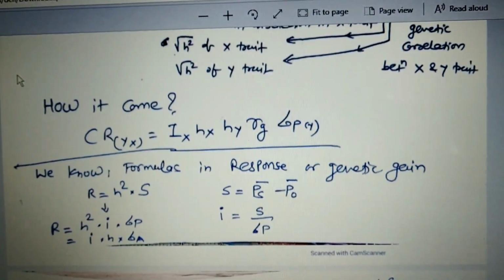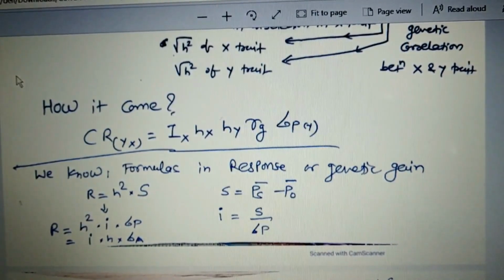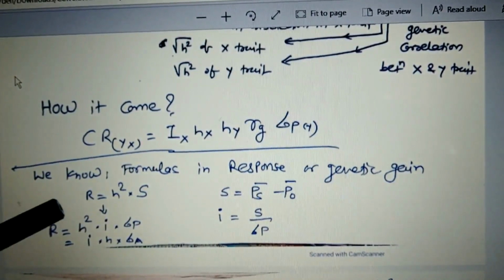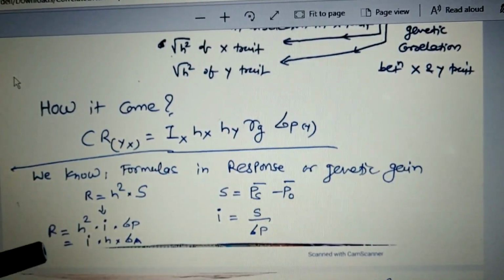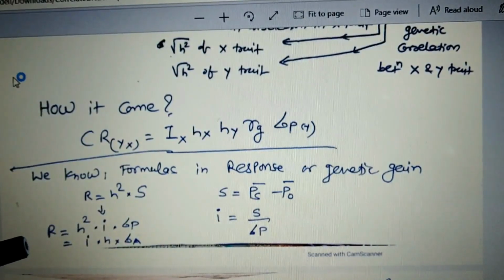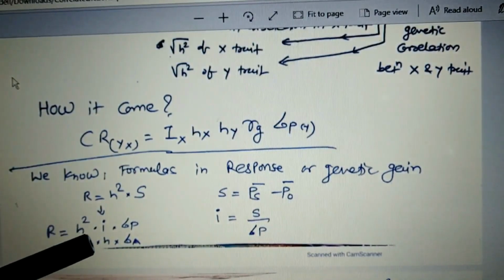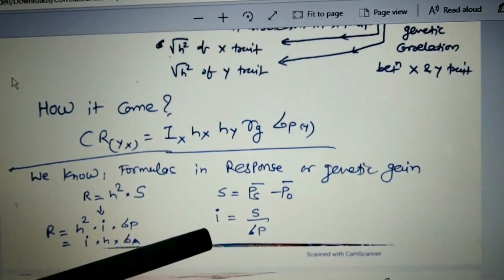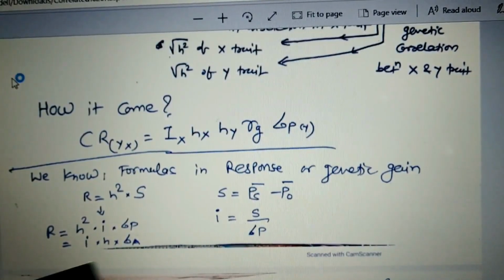Before starting the derivation, we must understand, or we already learned in the third practical, certain formulas, that is the response to selection R is equal to h square into S. We can modify this formula into R is equal to h square into I into phenotypic standard deviation. How this I into phenotypic standard deviation? Because we know that intensity is equal to selection differential divided by phenotypic standard deviation.